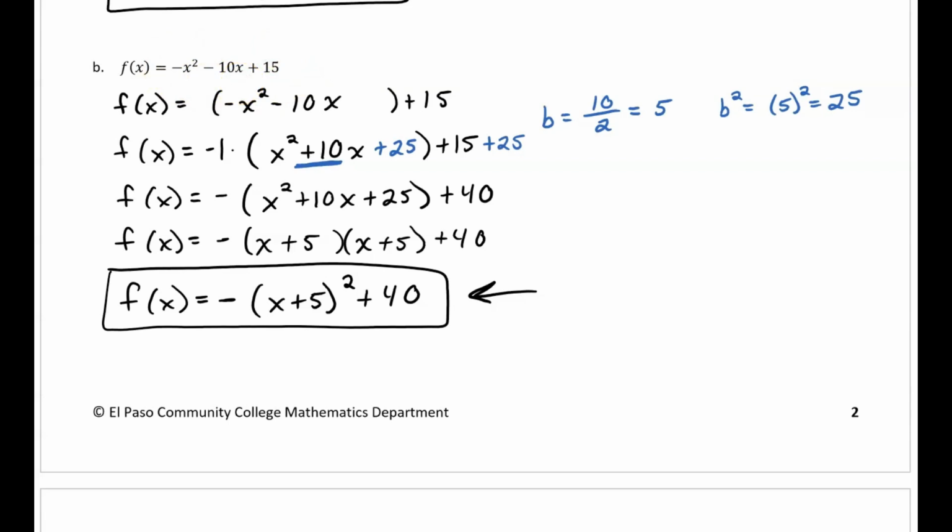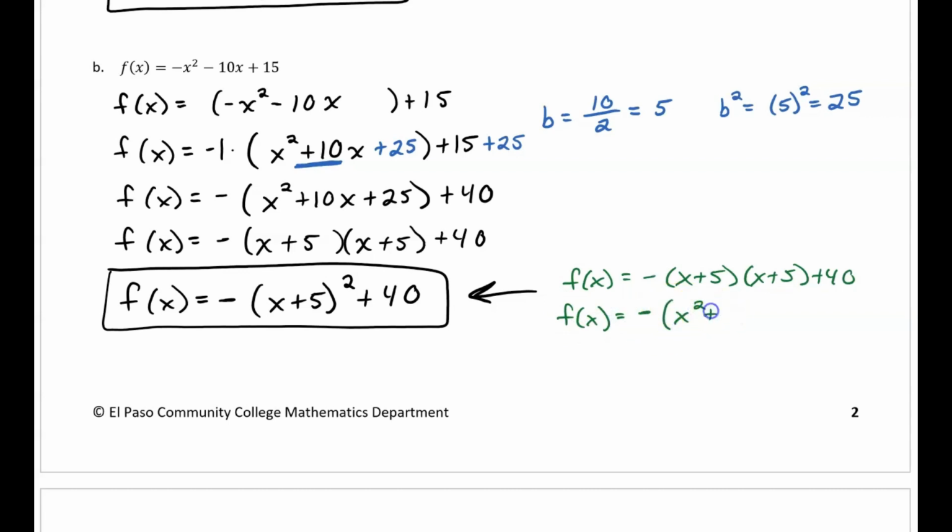To do that, I would have to take my x plus 5 squared and multiply it out.